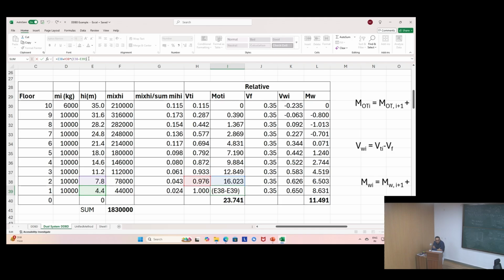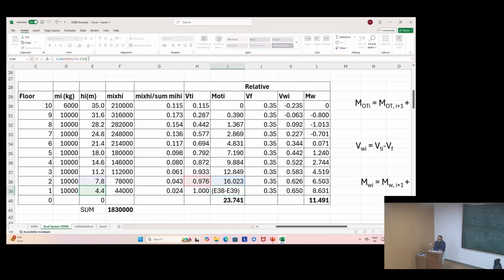Your maximum overturning moment should be at the base. I'll provide you with a spreadsheet for you to use later on. But did somebody try populating MOTi and VWi and MW?